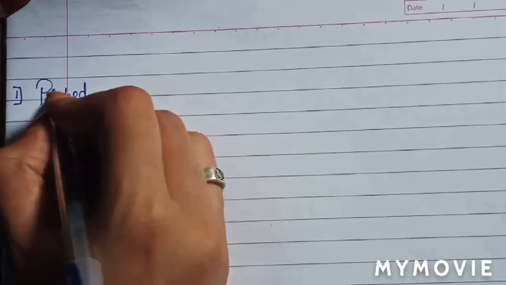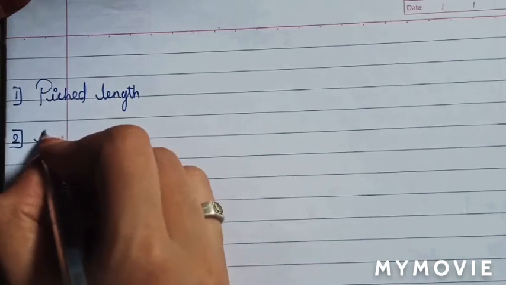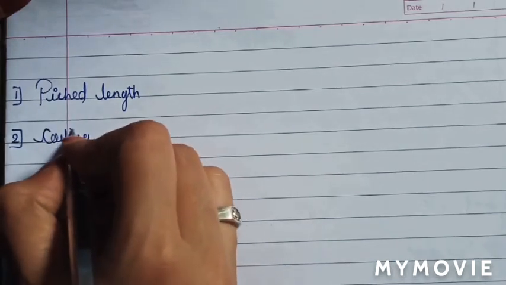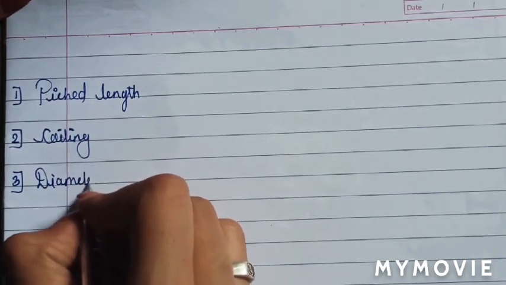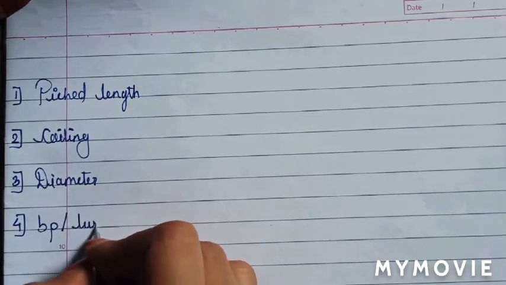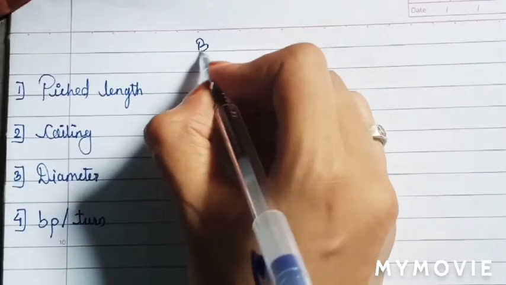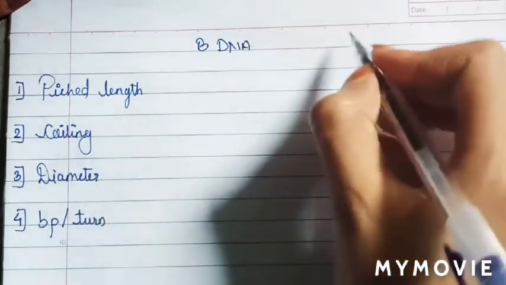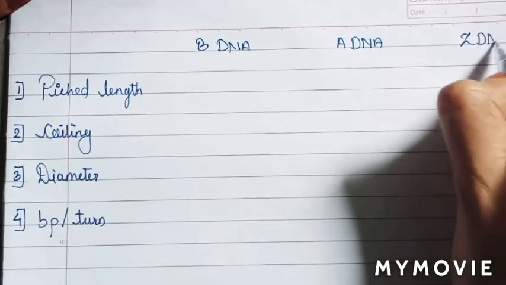Here we will write some points: pitch length, another one is coiling, third one is diameter of DNA, and the fourth one is base pairs per turn. Now we will write here the types of DNA: B-DNA, A-DNA and Z-DNA.